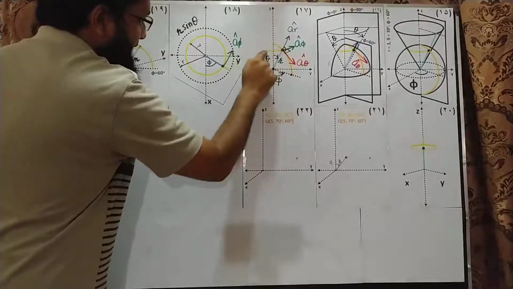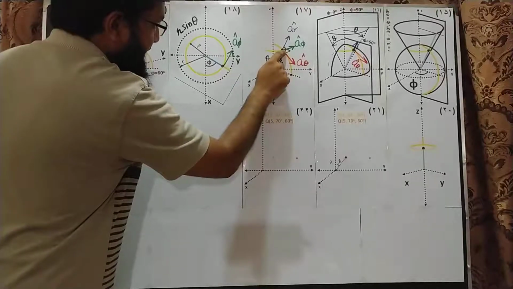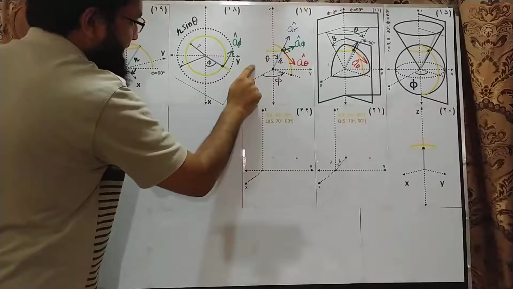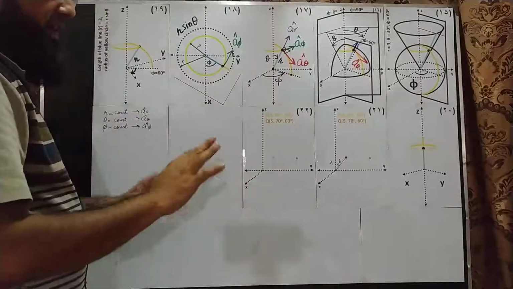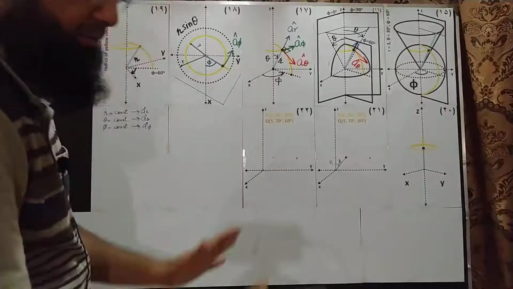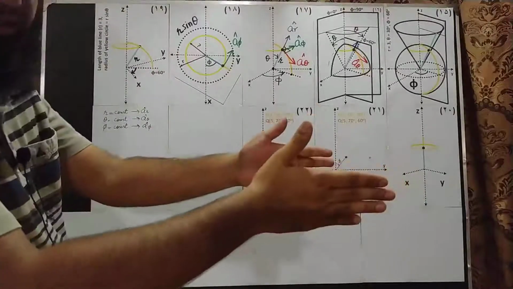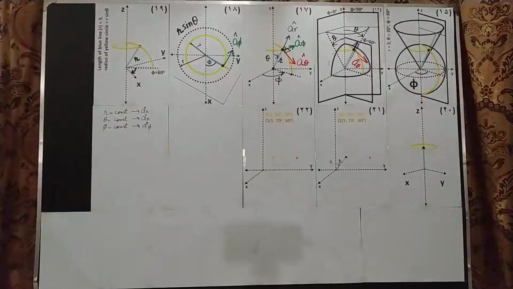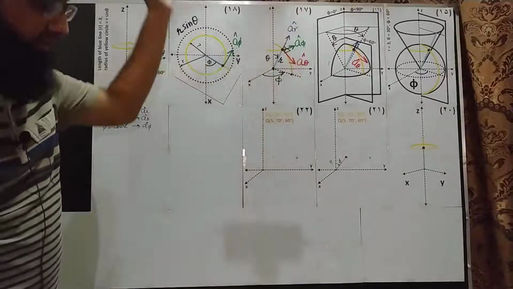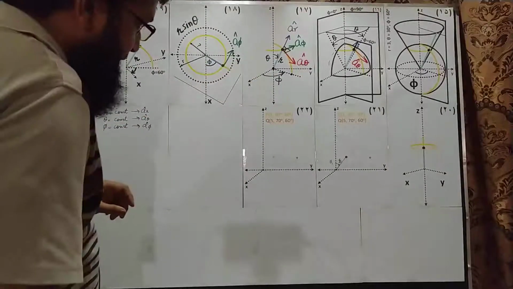So the direction of the tangent will be different at this point than this one, and obviously the direction of A theta will also change. That was the blessing in the Cartesian coordinate system, that the unit vectors were constant in direction, but in the spherical and cylindrical coordinate systems, the direction of primitive unit vectors changes with respect to the point. It depends where you are standing.